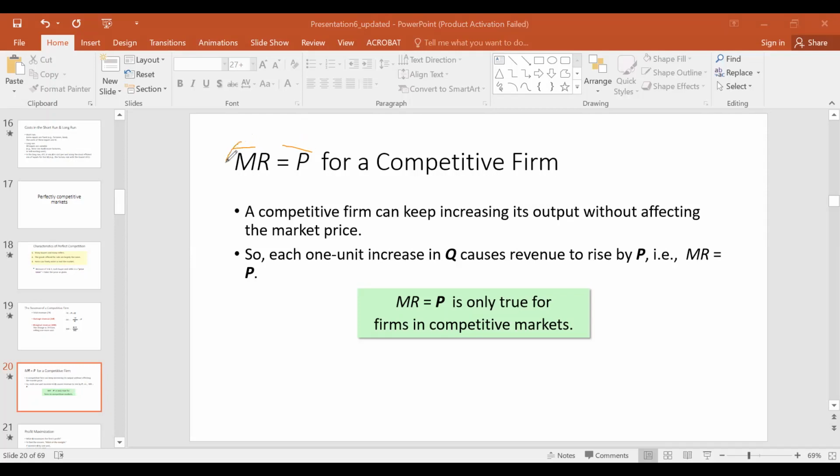Now, we are saying that the marginal revenue is the same as the price. Think about it. The additional revenue you get for selling an additional unit is just the price. That's it. When I sell a laptop, the price of the laptop is 1,000.